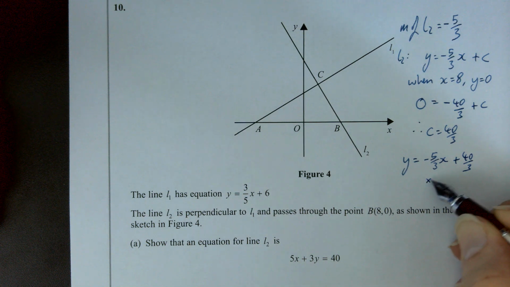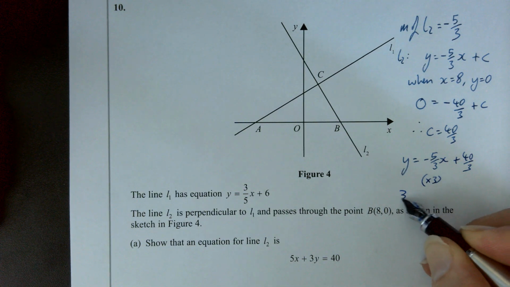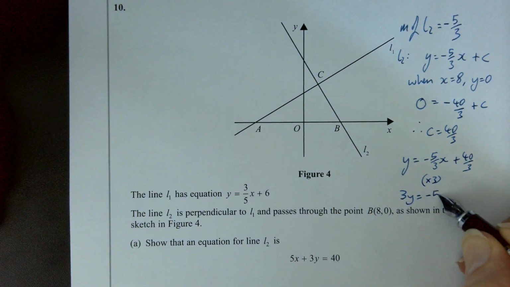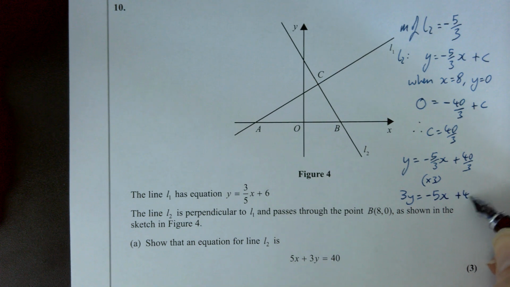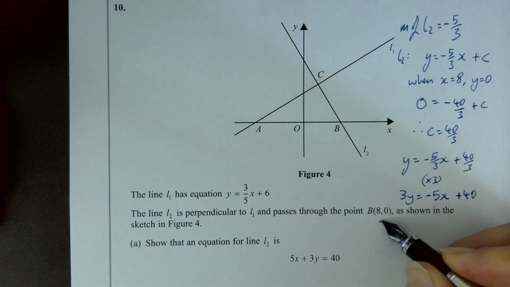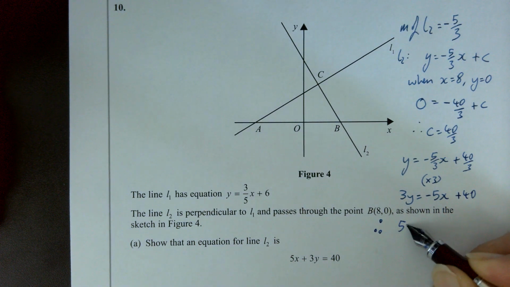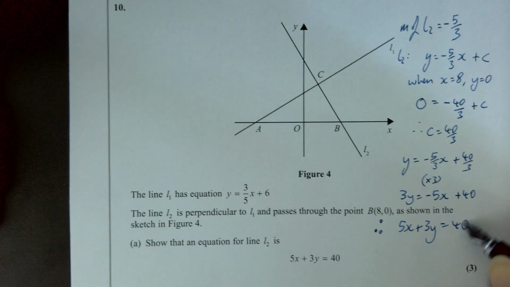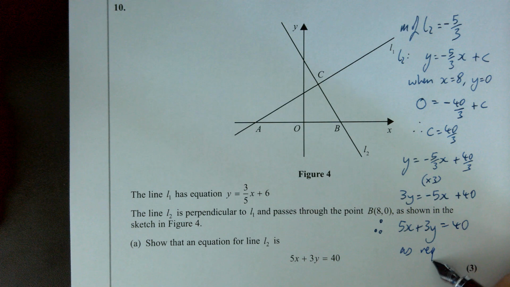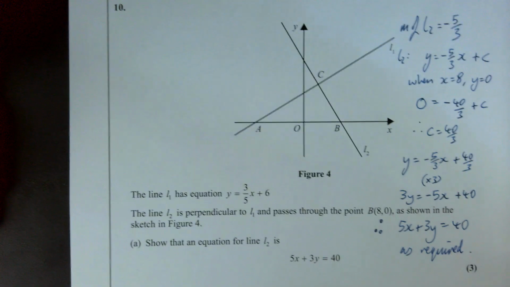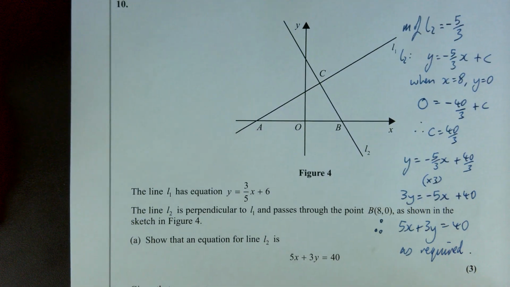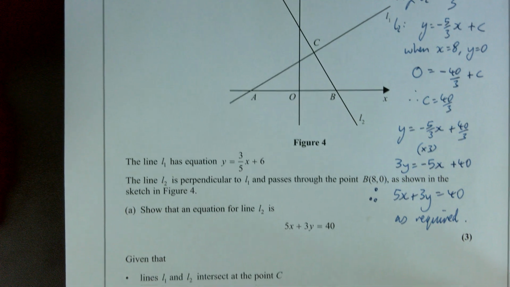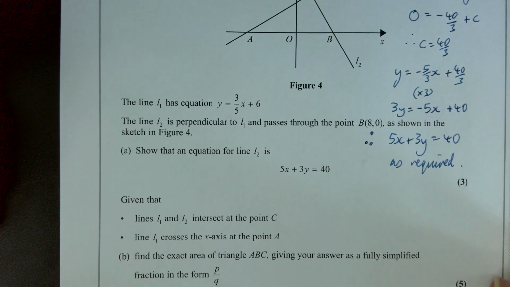We can multiply both sides by 3 to give us 3y equals minus 5x plus 40, and therefore 5x plus 3y equals 40 as required. Great.